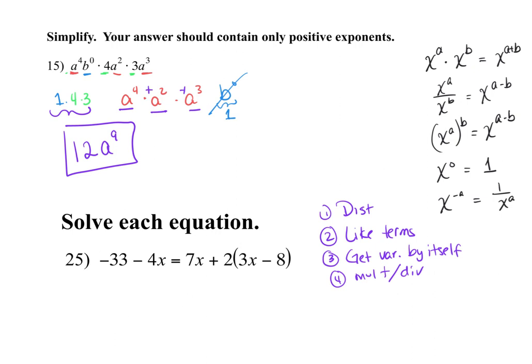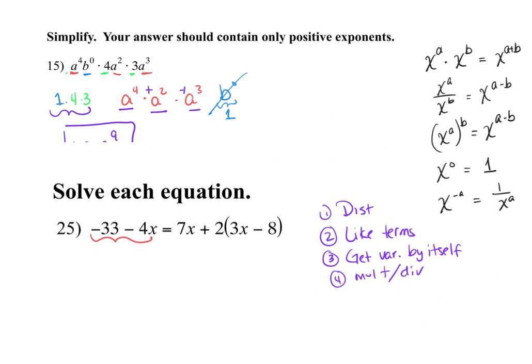And so I am going to look at these. I can't simplify this side at all. It doesn't have any like terms for me to simplify. So I'm going to leave that side alone for right now. And then I'm going to look at that right side and I'm going to say, okay, the 7x I'm going to leave alone. I'm going to distribute to get these guys out. And then I can still simplify this right side.